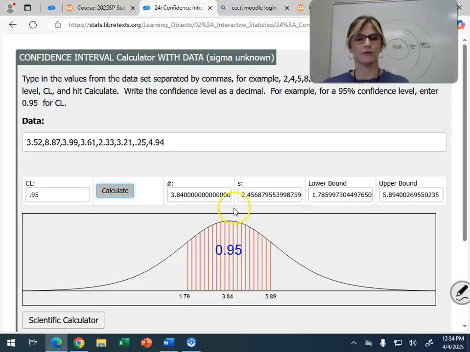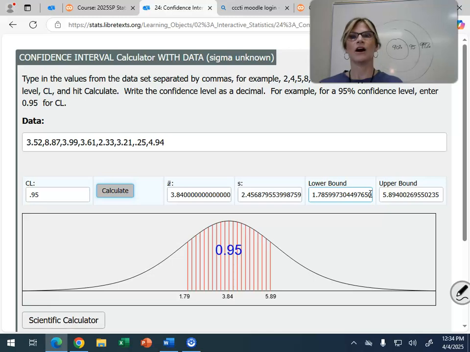We could figure out the margin of error by taking 3.84 and subtracting either the upper or lower bound. You could also do the upper and lower, divide it by 2, and subtract those and get your margin of error that way. Okay, so I hope that helps.